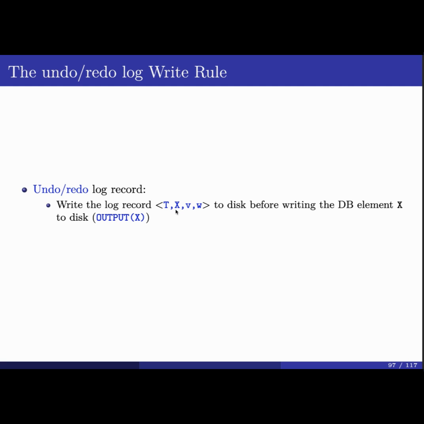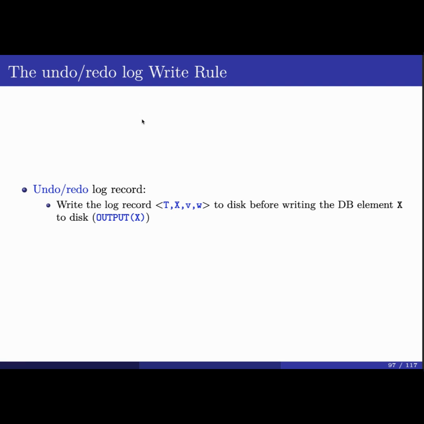Remember, before you modify any database element, you need to make sure that we have enough information stored in the log entry. That means write this log record, which allows me to recover from the crash, to the disk before you modify or update the database element on the disk. In other words, before you write the output X, you have to make sure this log entry is written to the disk first.